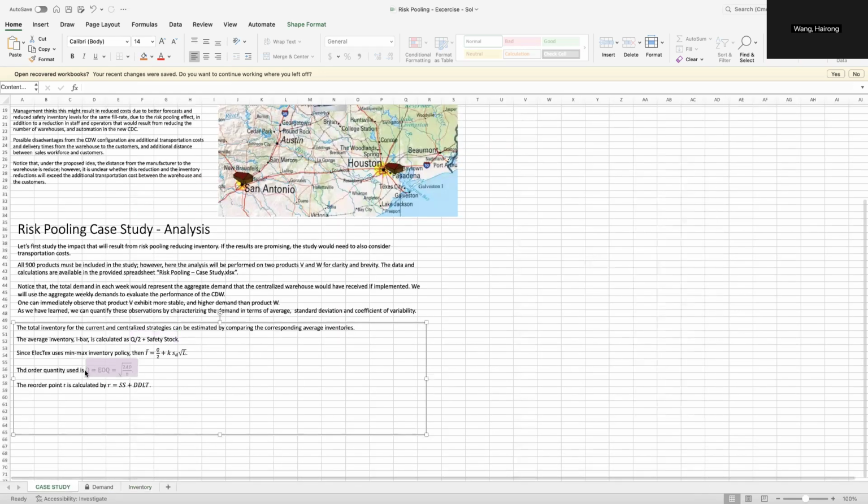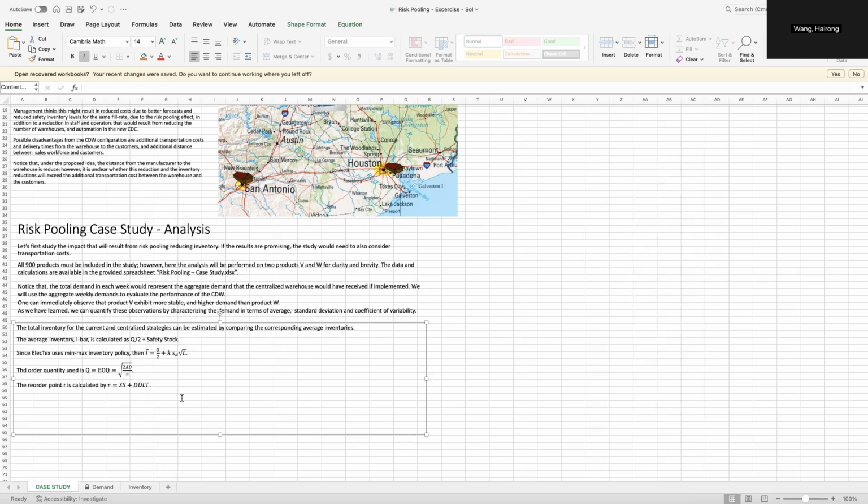So Q can be calculated by the square root of 2 times A times D over H, right? And A means the order cost per order, and H means the holding rate, the holding cost per unit per year.